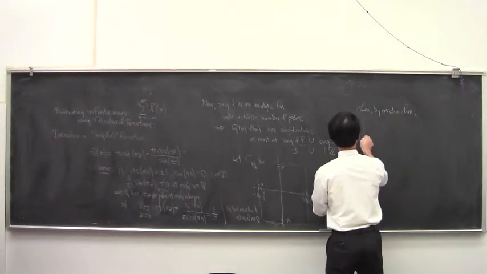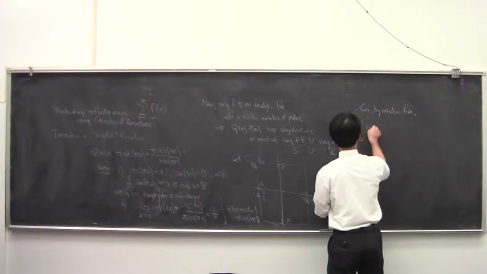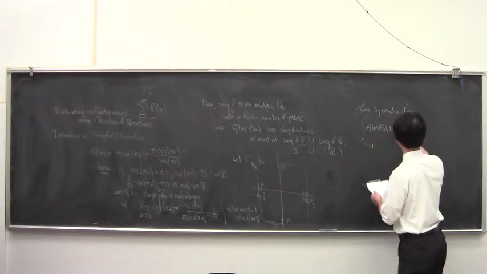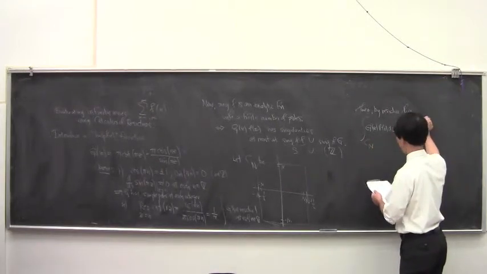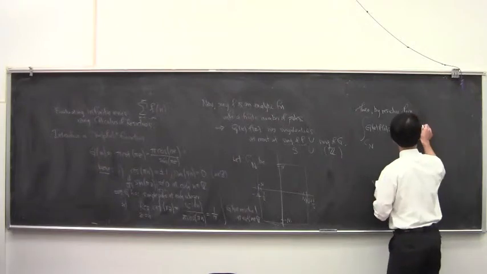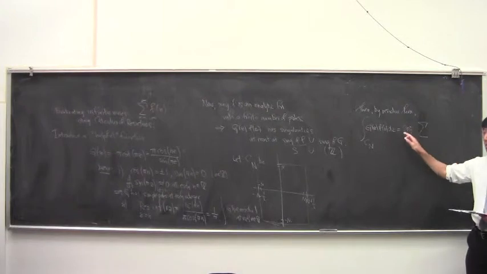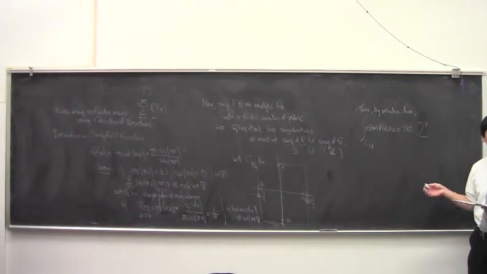Then, by the residue theorem, obviously, the integral over Cn of G F is going to be 2 pi i times the sum of the residues of GF inside there. Right?